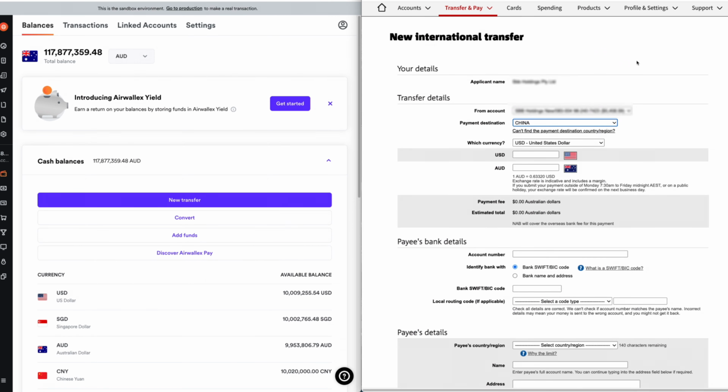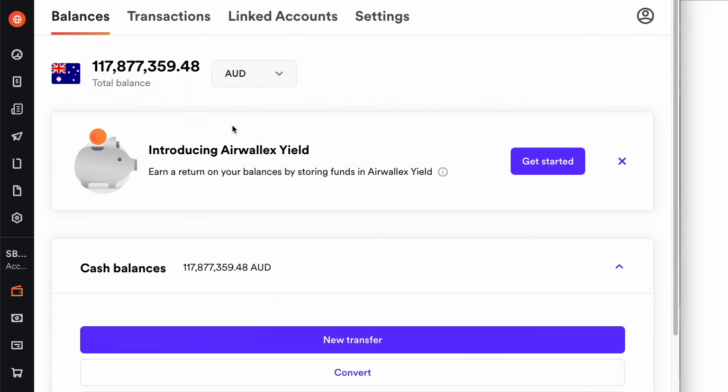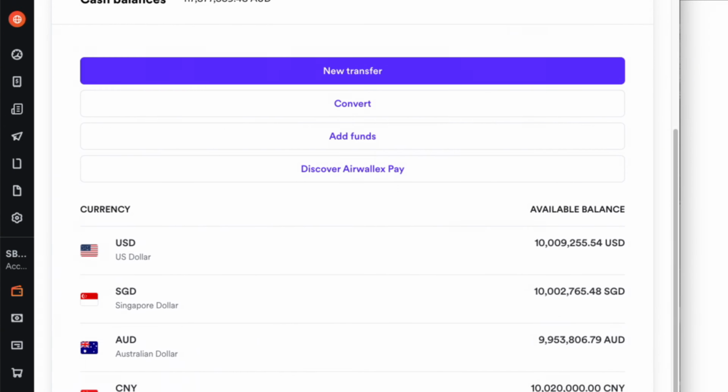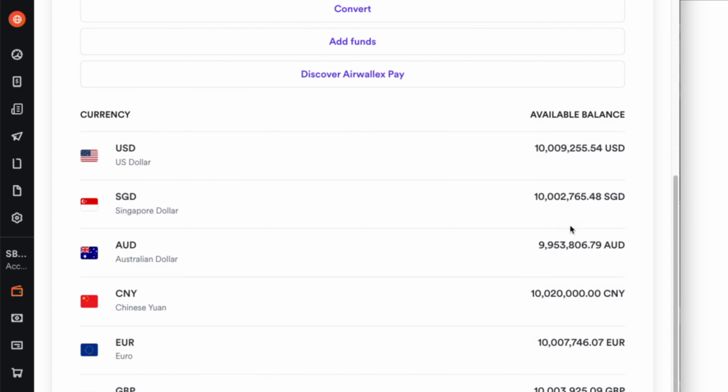So on the right here, you've got a big four bank in Australia, and on the left, you've got Airwallex. Don't get too excited about this balance here. I'm not using my actual account for this demo, unfortunately. But you can see here, you've got your accounts in different currencies, and you're holding balances in each one.